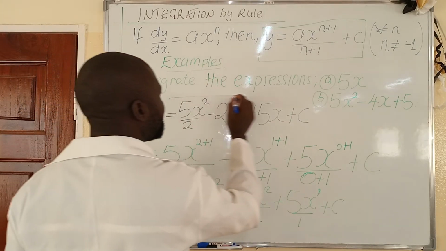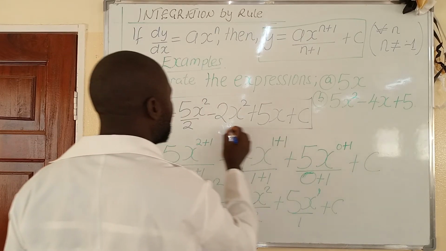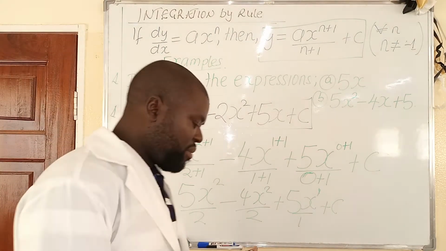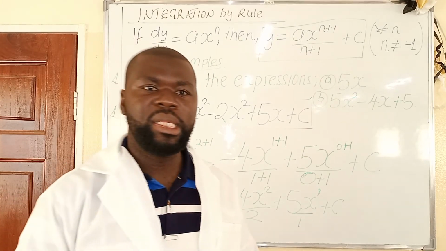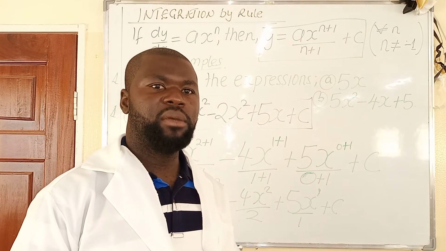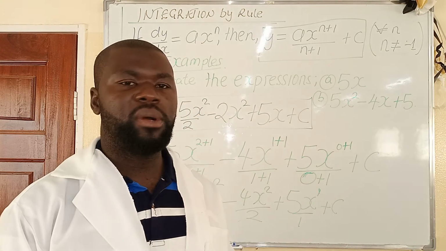So basically, this is how we use the rule to integrate polynomials like these ones.